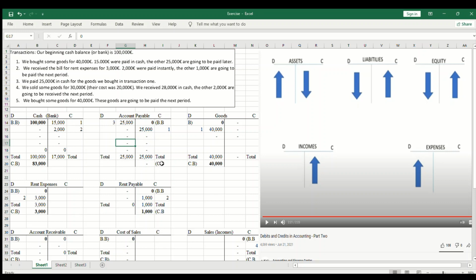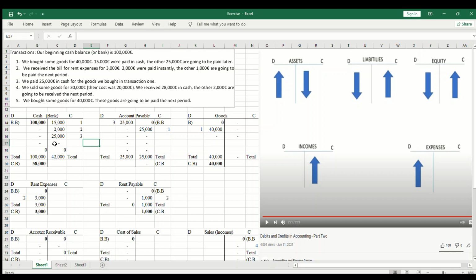The closing balance of liabilities is 0 at the moment. In transaction 3, we have to credit cash for 25,000 euros. Of course, all assets are decreased on the credit side. In this case, cash is decreased for 25,000 euros on the credit side.